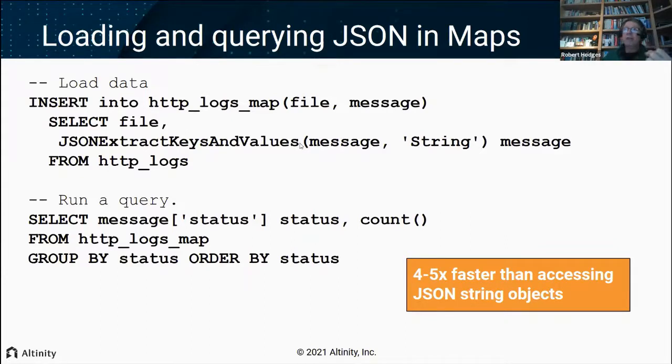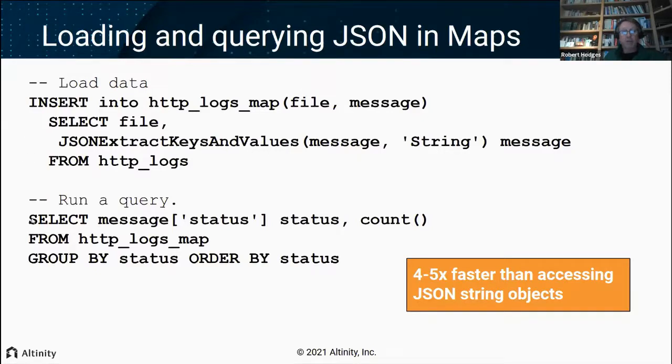That's a really handy function. It goes down your JSON, and every key and every value is put together in a tuple. So you basically get an array of these, and they jump right into the map. That's all you have to do. This kind of loading is fairly simple as long as your data is not too messed up.